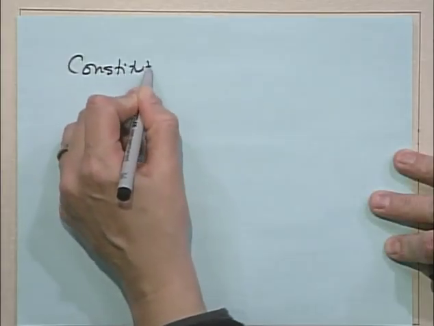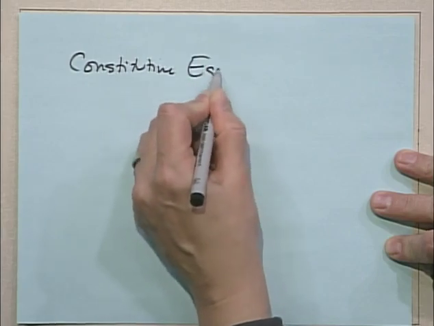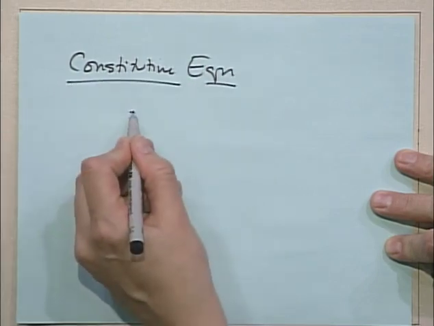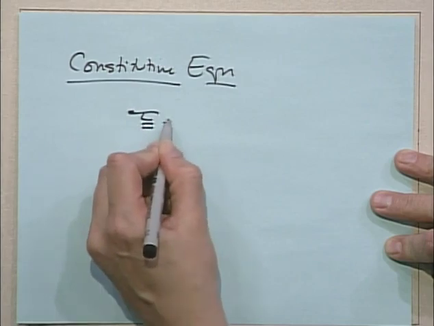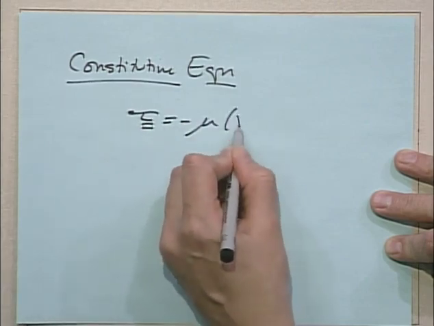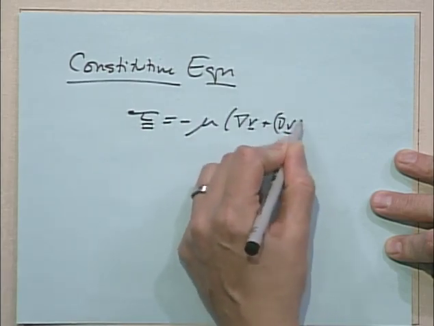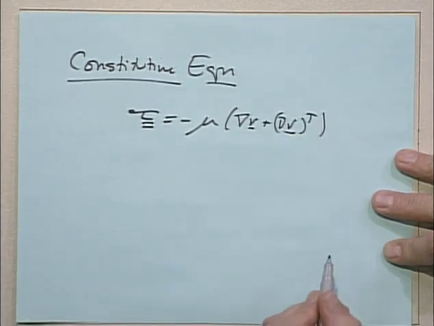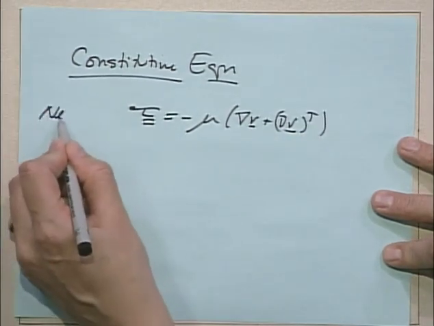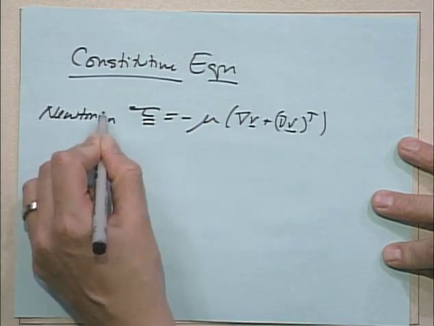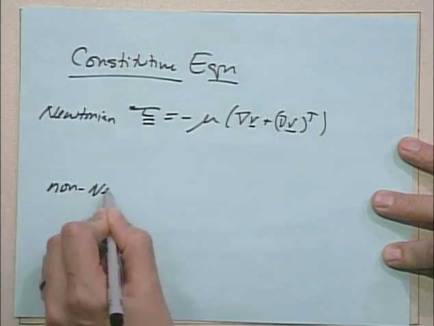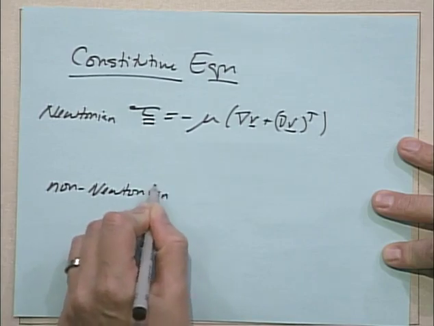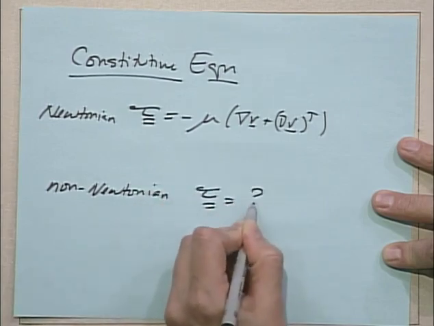But we can't do that yet because we're missing the constitutive equation. So the constitutive equation for Newtonian fluids is that the stress, the extra stress, is given by del V plus del V transpose. A very simple equation. So this is Newtonian. And then for non-Newtonian, it's a big mystery.